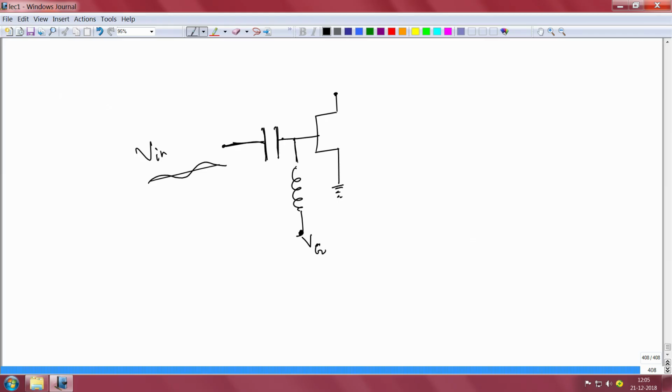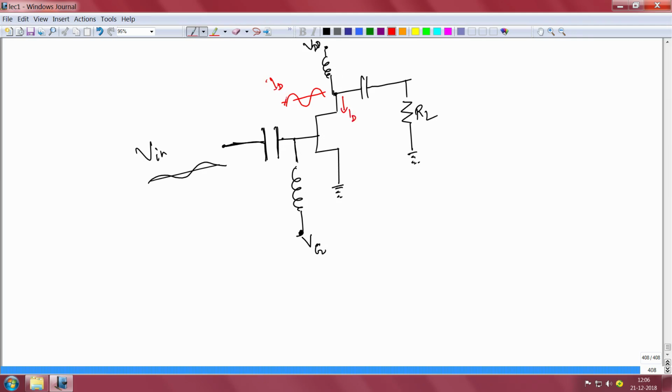Now this is the drain, and on the output side there might also be a capacitance and a load resistance, and of course there is a VDD, the drain bias supply voltage, which might also have an inductance or other elements, but we don't worry about that. So what happens here is that the small riding voltage V in will lead to a large change in the drain current flowing in this direction, that is ID.